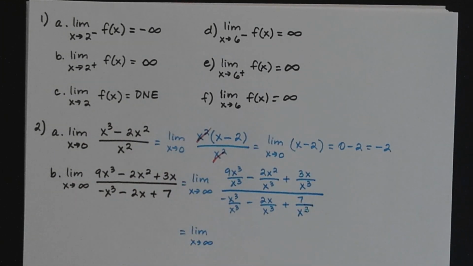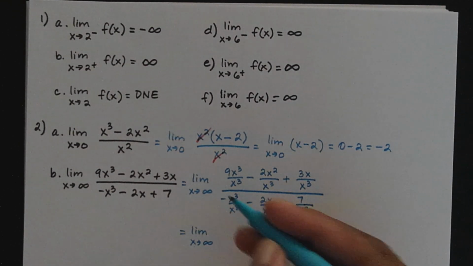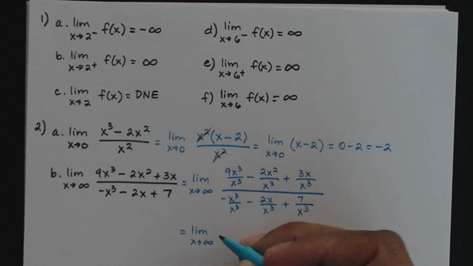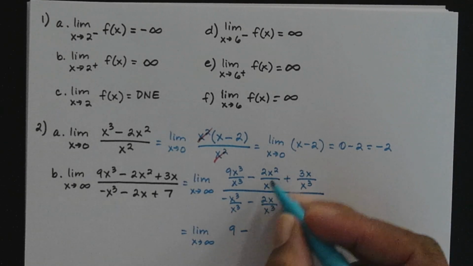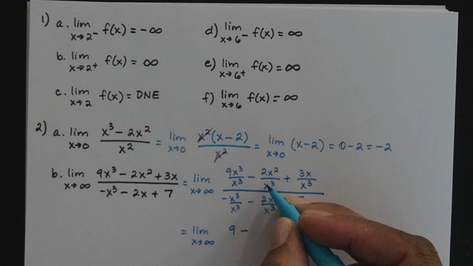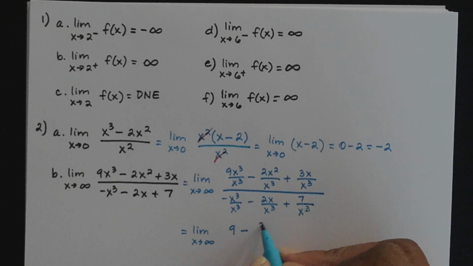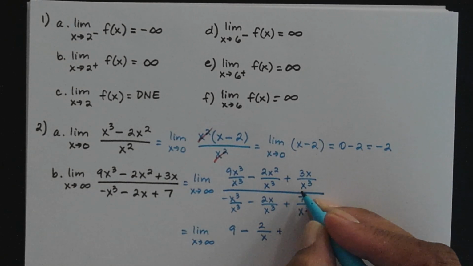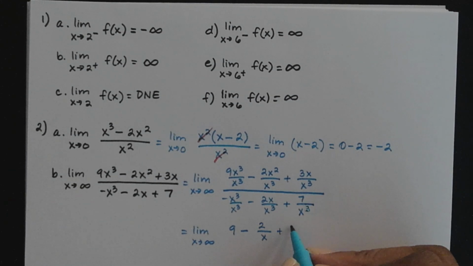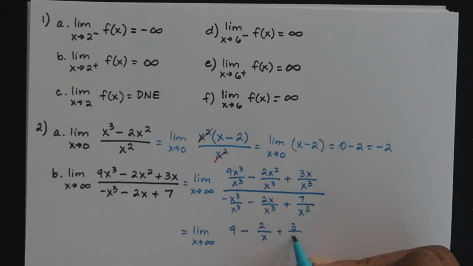Then the limit as x approaches infinity of, if I divide 9x cubed divided by x cubed, that's 9, minus 2 of the x squares, 2 of the x's will divide out. I'll be left with an x in the denominator, so it'll be 2 divided by x, plus 1 of the x's will divide out. I'll be left with an x squared in the denominator. So it'll be 3 over x squared.